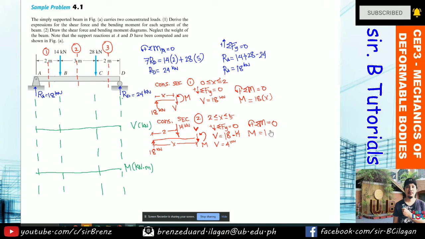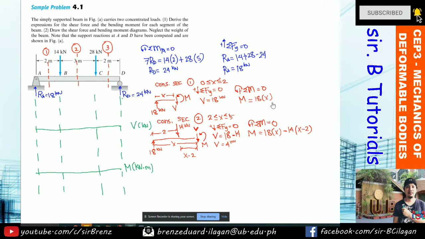So, that will be 18x, and then minus, since ito is magproproduce din ng counterclockwise direction and nilipat ko siya doon sa kabilang side, kaya naging minus 14 times x, so kailangan kong distance is ito. Okay? So that distance is equals lang sa x minus 2. Ayan. So x minus 2.